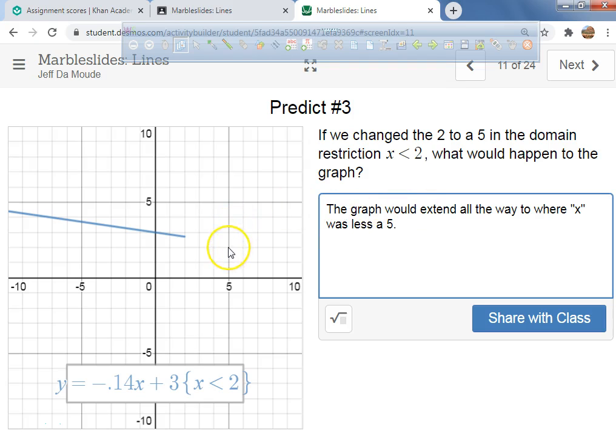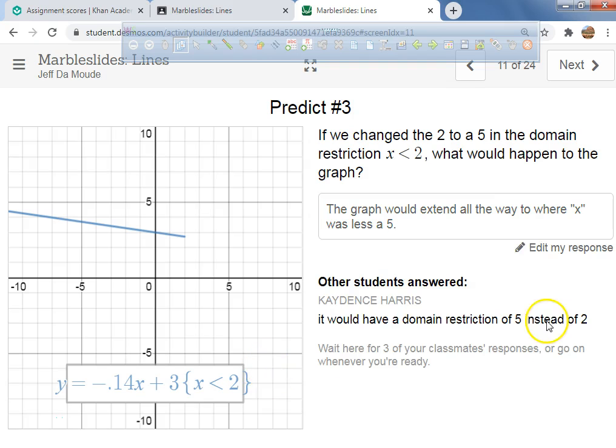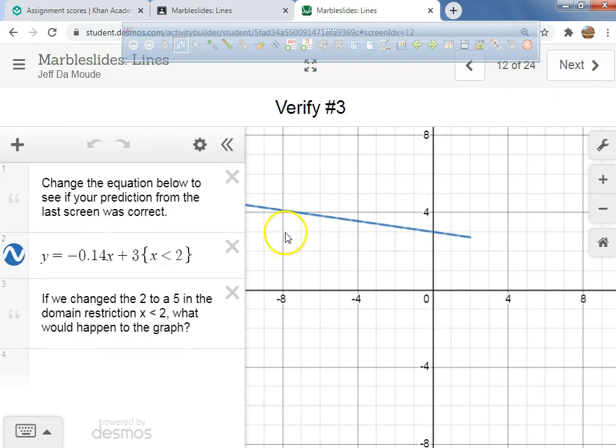So get us all the way right there. Okay? Yeah, domain restriction of 5 instead of 2. That's right. All right, all the way to a 5.